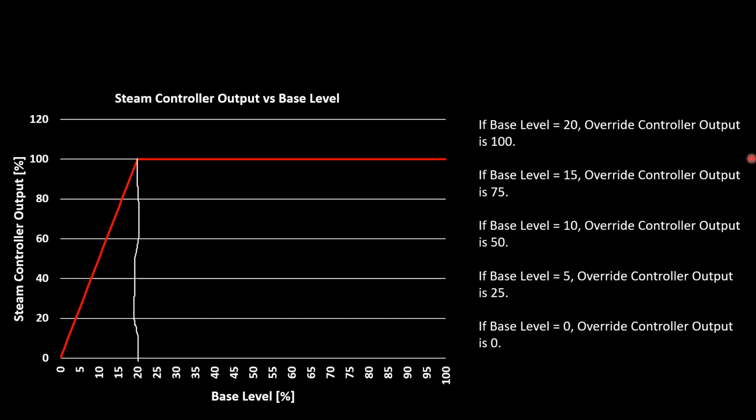If our base level is at 20 PV, override controller output is 100. If it's at 15, it's 75. If it's at 10, it's 50. If it's at 5, it's going to send a control output of 25 to that steam valve. And if the base level is at 0, we're going to fully want to shut the steam valve.